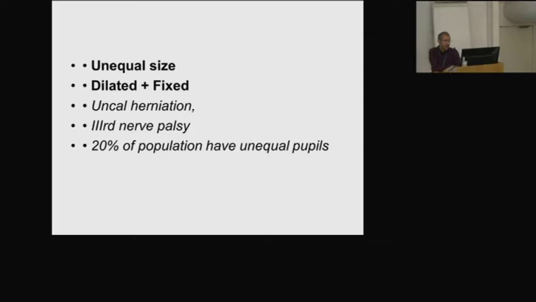If the pupils are unequal size, then if the abnormal pupil is fixed and dilated, that would be suggestive of a third nerve palsy. Third nerve palsy can be a sign of herniation of the uncus due to raised intracranial pressure above the tentorium. Important thing to note is that about 20% of the population may have asymmetric pupils anyway. It's just something to think about.